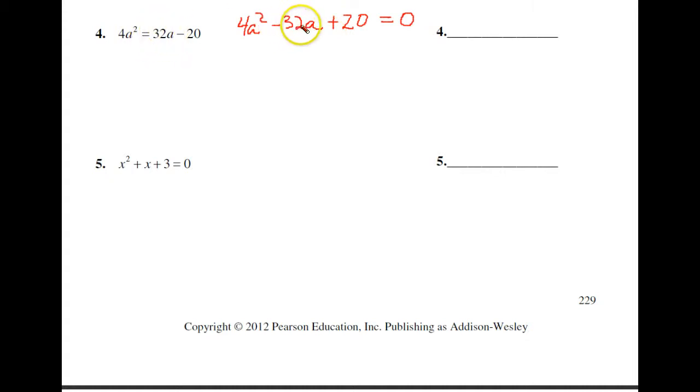On this side it becomes negative. Transpose the negative 20, it becomes 20. I'm sorry, 20. Thinking of something else. Now, I don't know if the book wanted me to do this or not, but I'm going to show you something. Can you see you can factor out a 4 from each one of these?